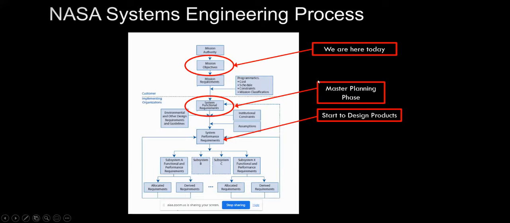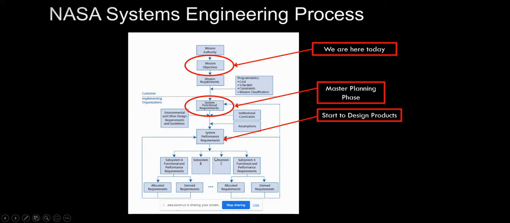So in the master planning phase, that's really where we start to design the moon base, and we're not there yet. And then later on, we have system performance requirements, and then we decompose those into functional performance requirements for the subsystems, derived requirements, and so on.